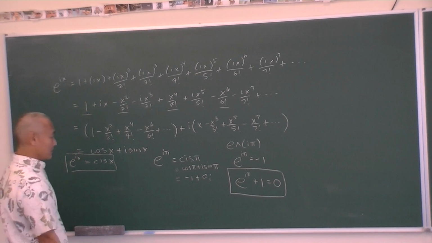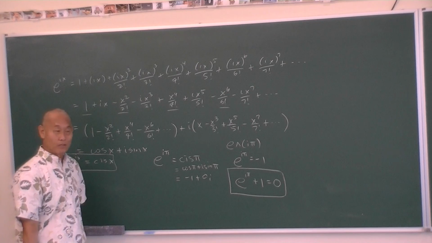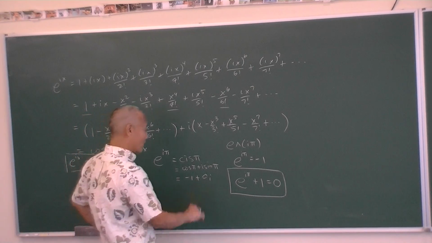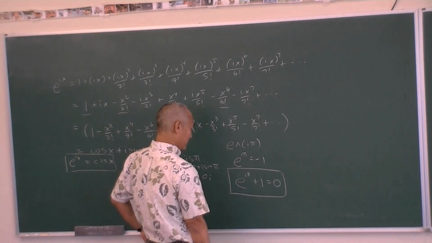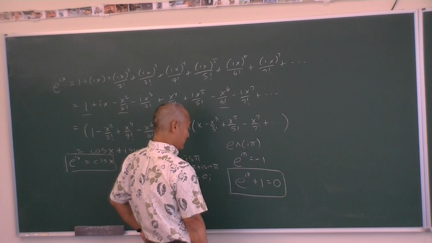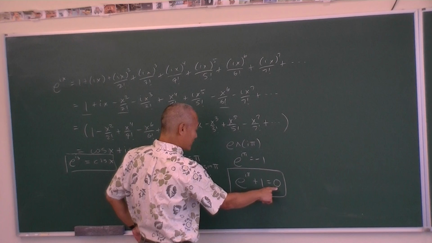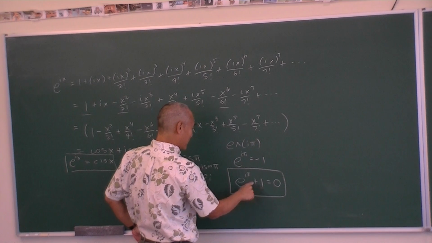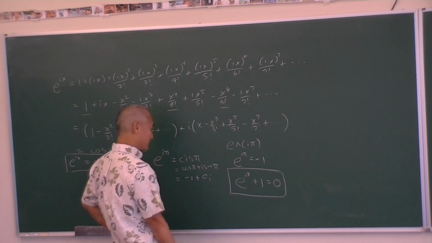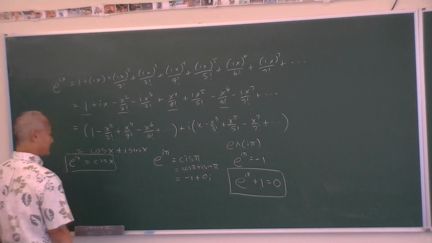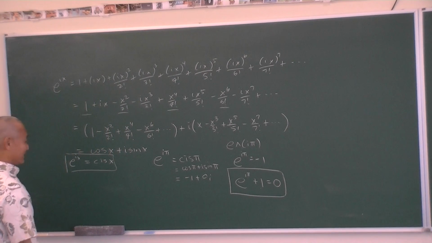It has e, i, exactly, it has the 5 most important numbers in mathematics all in one equation. 0 and 1, like this is the identity element for addition, this is the identity element for multiplication, and of course e, i, and pi, right? Doesn't that bring tears to your eyes?